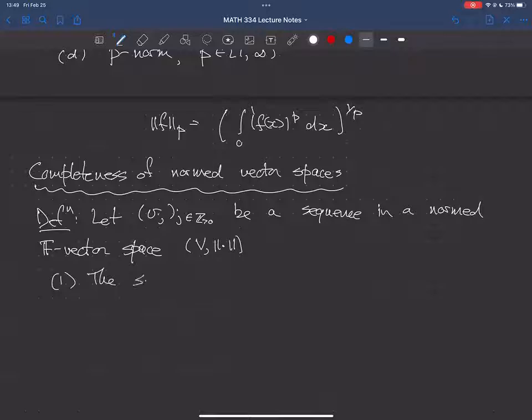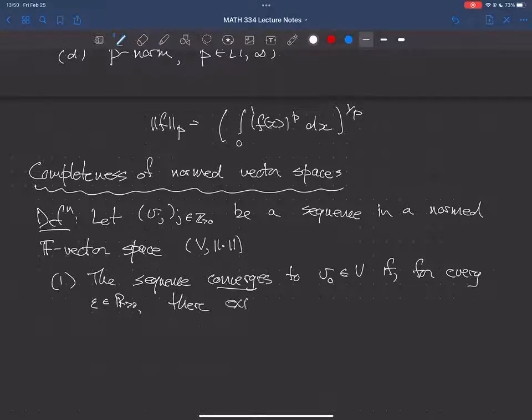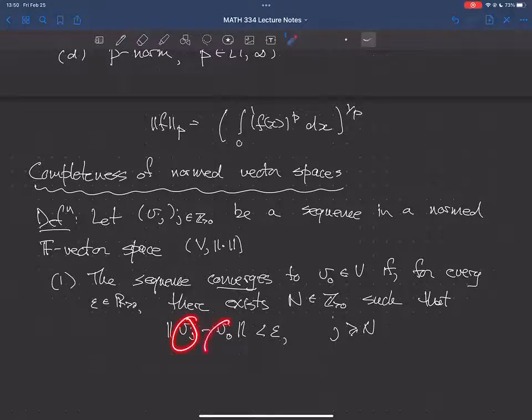The sequence converges to some vector V naught in V if, for every positive epsilon, there exists some positive integer n so that for j greater than n, Vj is within epsilon of V0.